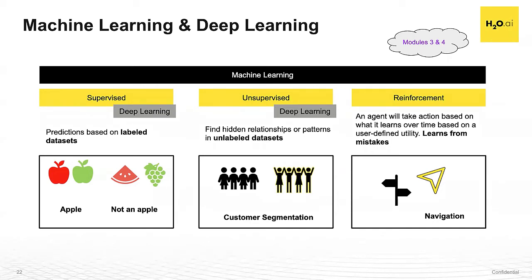Sometimes getting this type of information would take a really long time to label, and there might be a benefit to being able to just look to see what those patterns are within these patients and the symptoms, and then come up with some sort of approach to help determine the outcomes more quickly than maybe using a supervised learning approach. So here, deep learning is also really good for unsupervised learning.